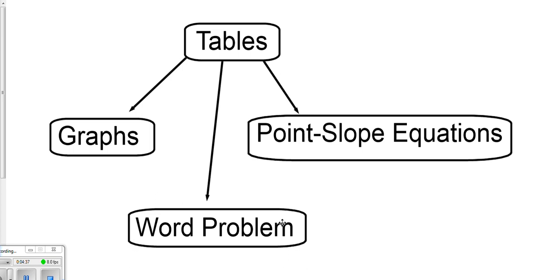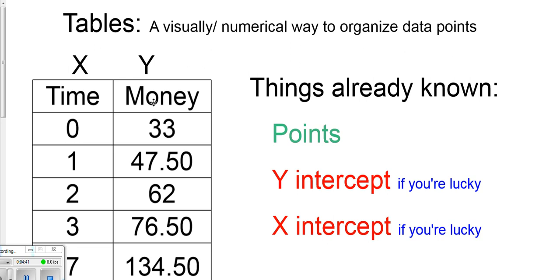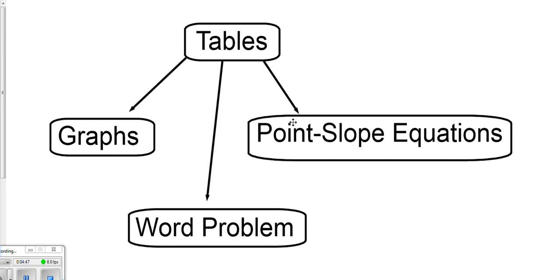If they give you that your x is changing, again, time and money, you can figure out a word problem that goes along with time and money. I know I just said point-slope form, but if you're lucky enough and they give you the y-intercept, you could also figure out slope-intercept equations. So from tables, you can figure out a lot of different things.